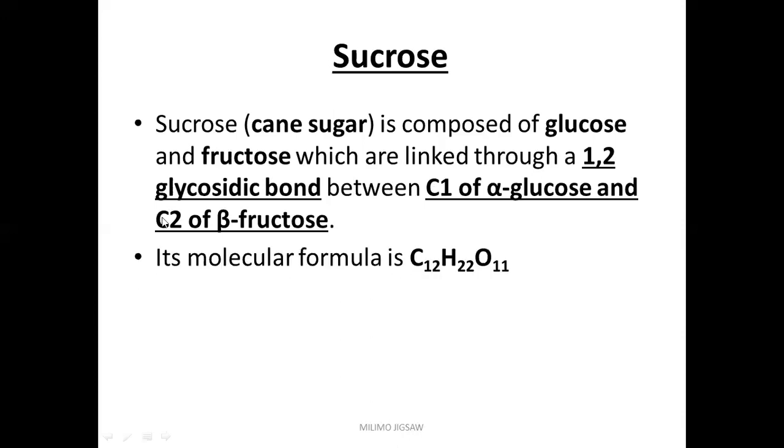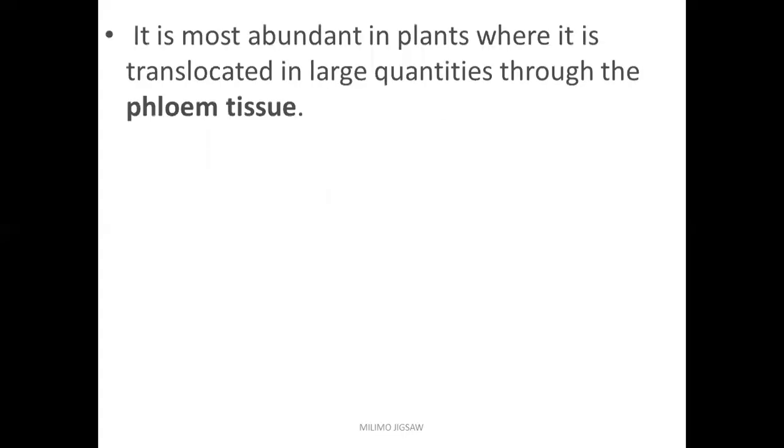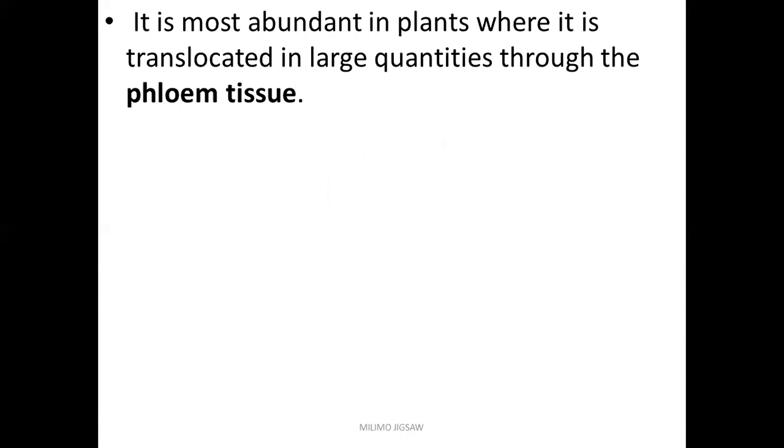So the molecular formula for sucrose is C12H22O11. When we look at sucrose, this is the form that most plants use to transport glucose.